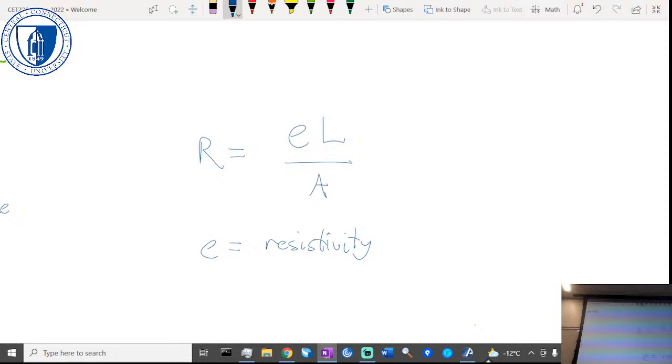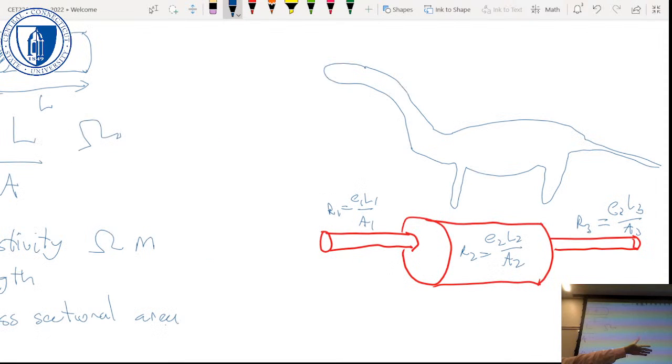Now if I want to measure the resistance of my Apatosaurus from the tip of his nose to the tip of his tail, what's the resistance? In series, exactly. So the resistance of our Apatosaurus equals R1 plus R2 plus R3, because they're just in series.